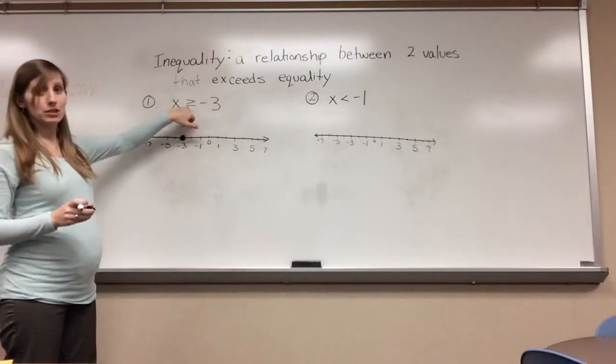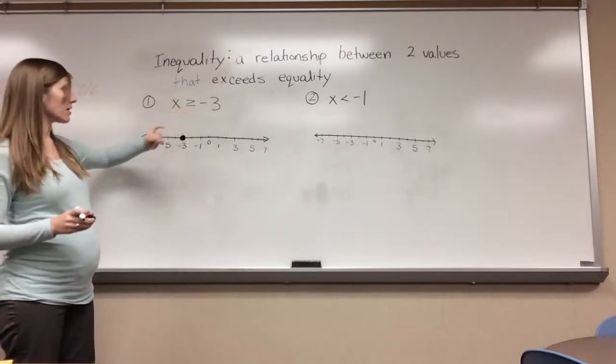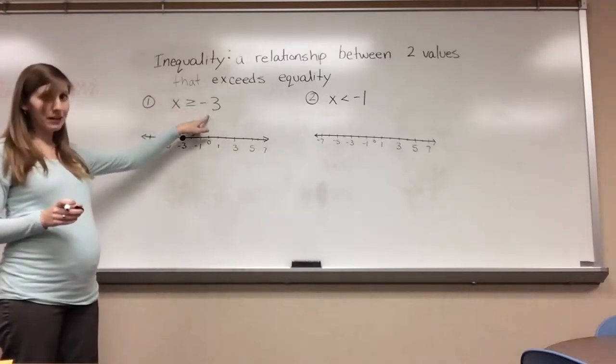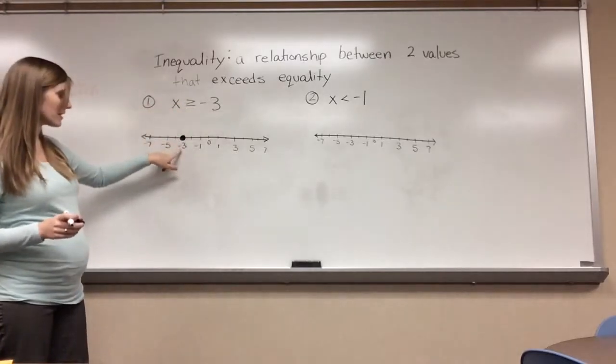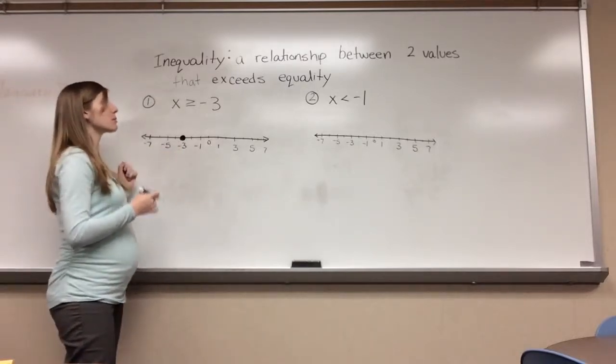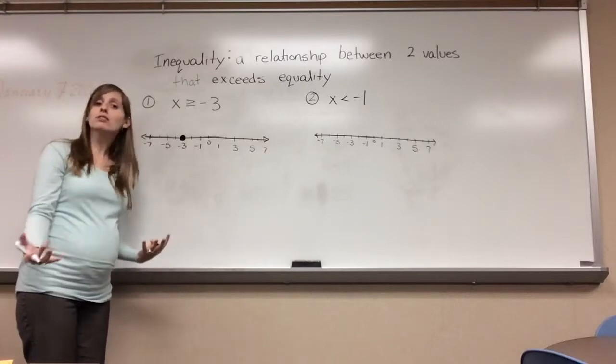It says equal to, all right, we've got that equal to bar. So -3 is greater than or equal to -3, because of that equal to bar, this is a solution.